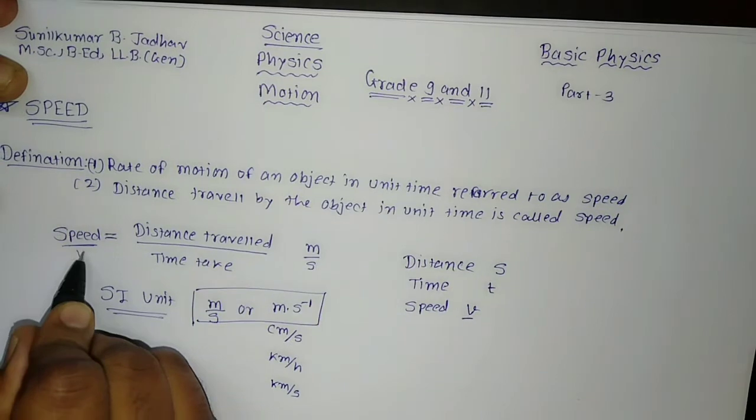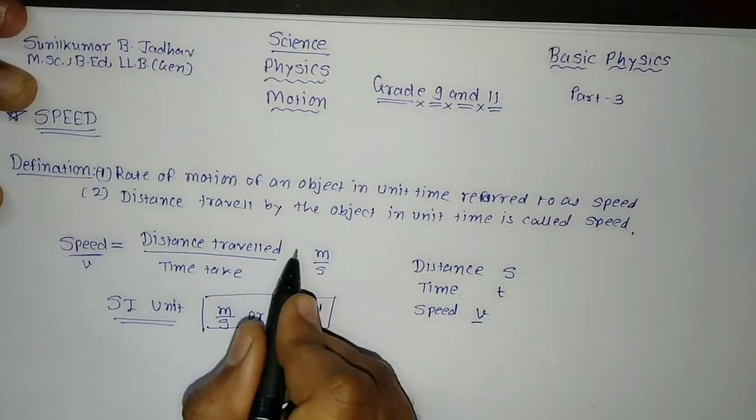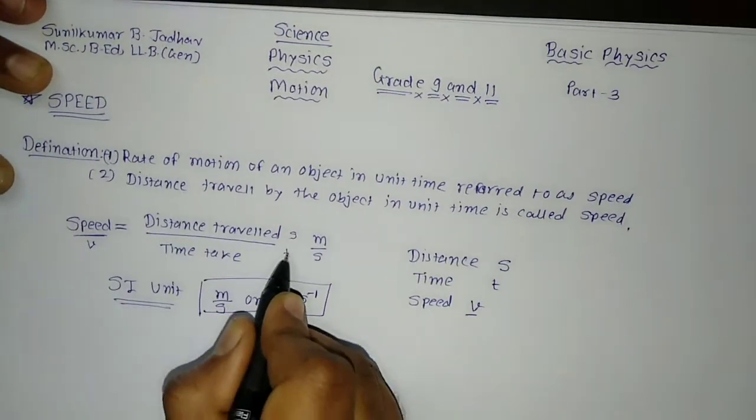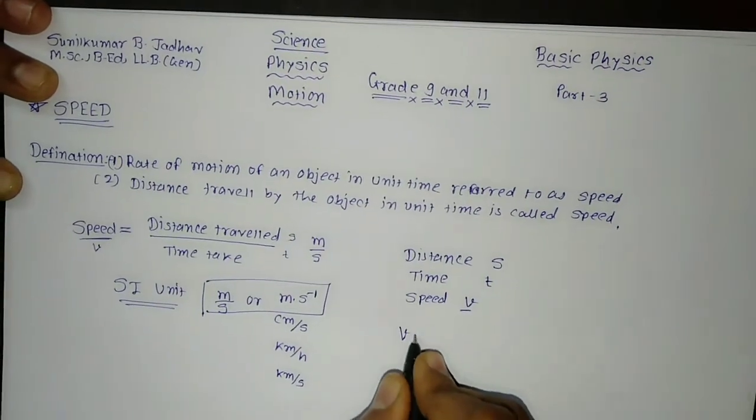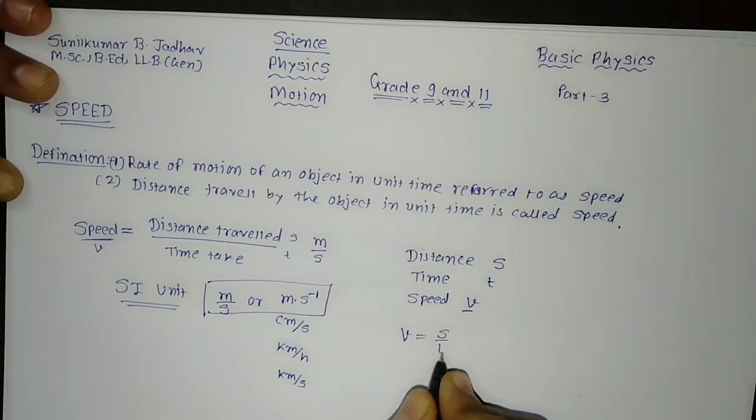So speed is denoted by V, distance is denoted by S, and time is denoted by T. So we can write that V is equal to S upon T.